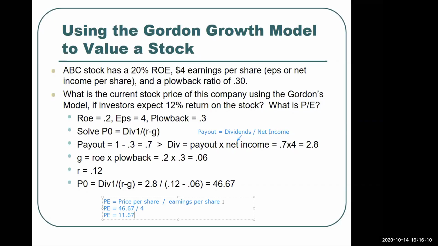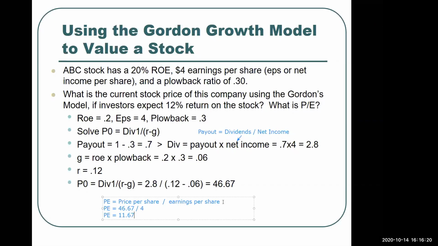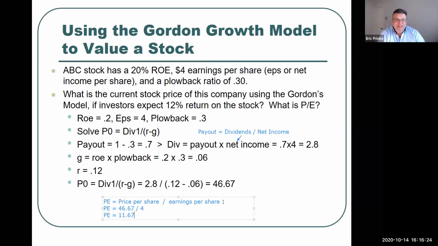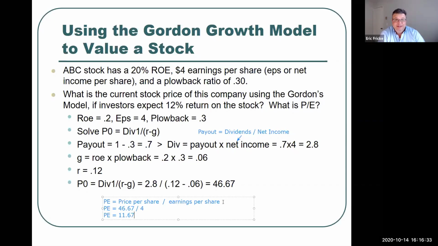But there are a couple caveats. When it's really, really low, there's probably something wrong with the company. Something bad happened. And when it's really, really, really high, maybe people are just crazy about owning the stock and they're willing to pay whatever. Or the earnings is like 1 cent per share.